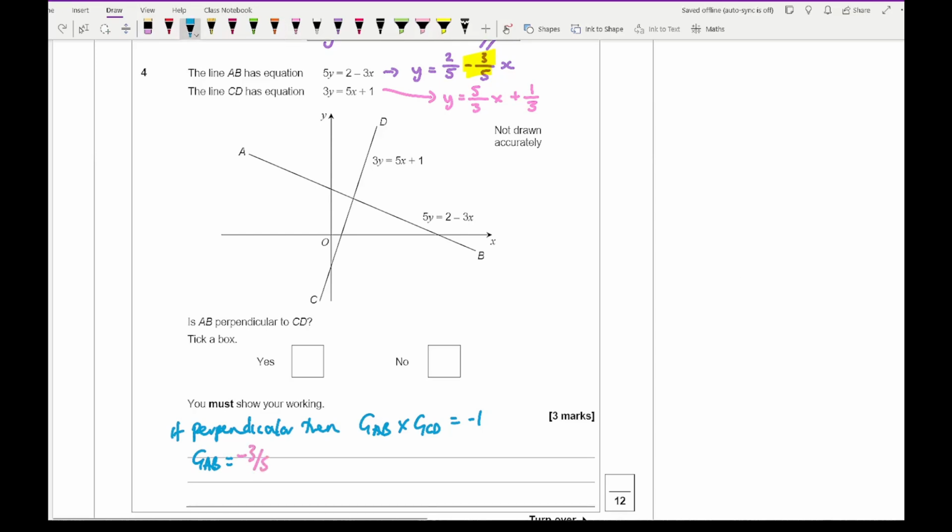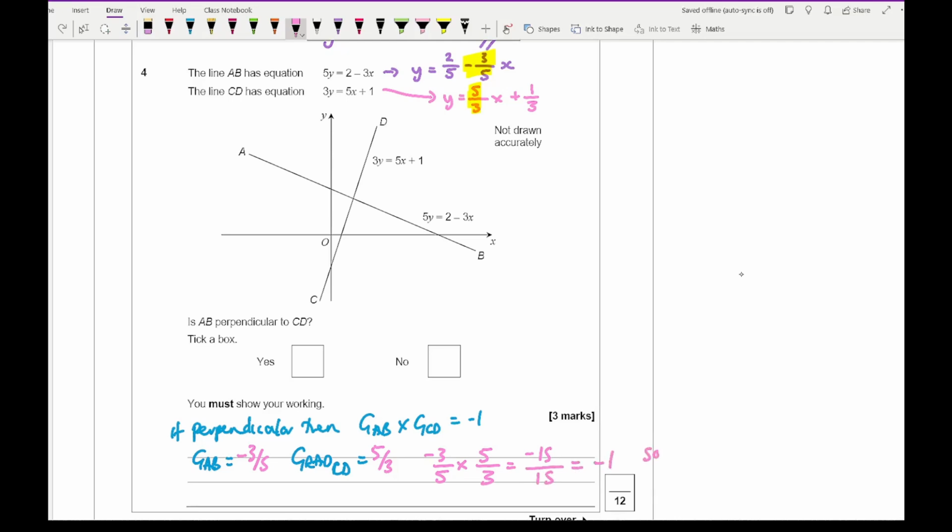And the gradient of CD is equal to 5/3. So if I then do 2 over 5 multiplied by 5 over 3, I end up with minus 15 over 15, which is minus 1.